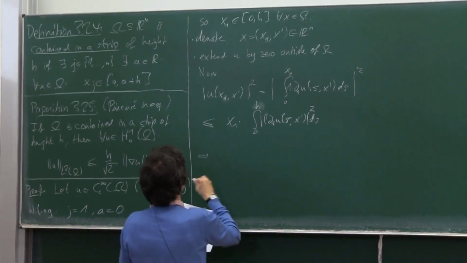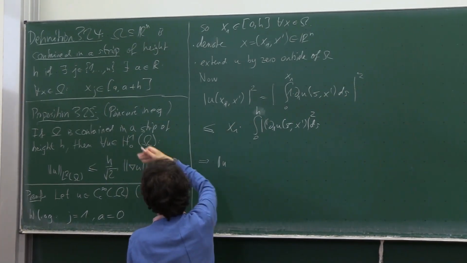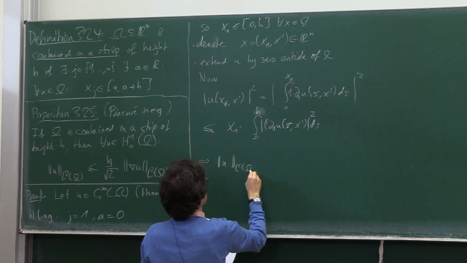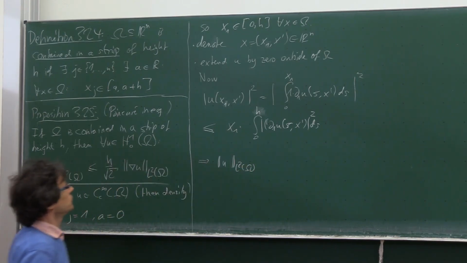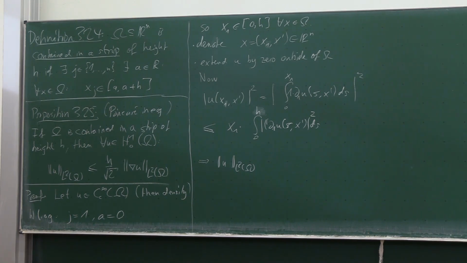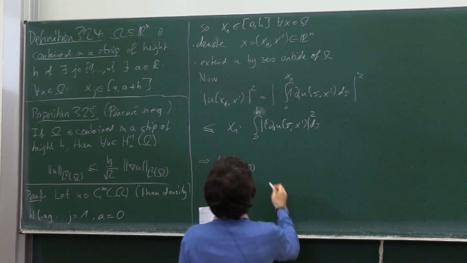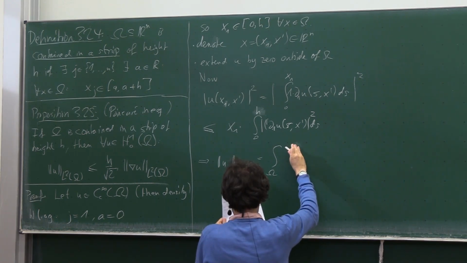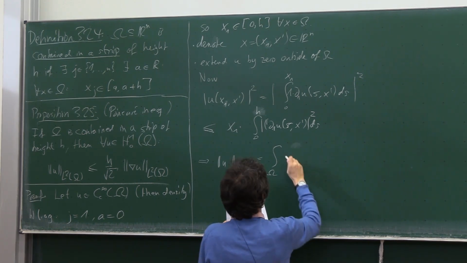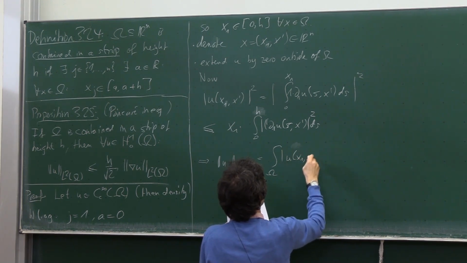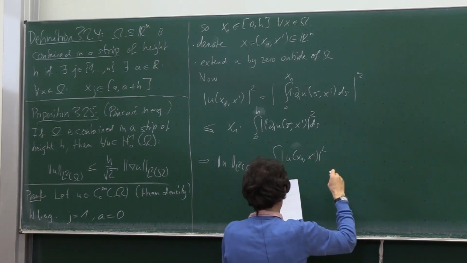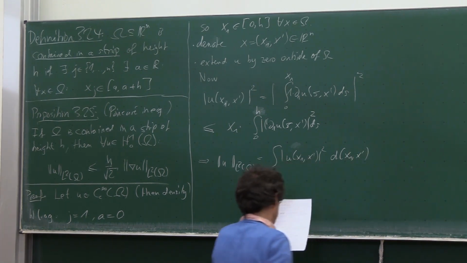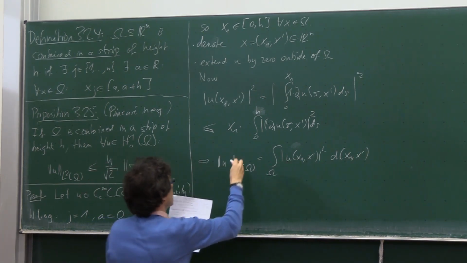And now, why did I do this? Because I want to calculate the L2 norm over omega, not this one. So let's write down the L2 norm and take out the x1 dependence. This is the integral of u of x1, x prime squared, dx1 dx prime.